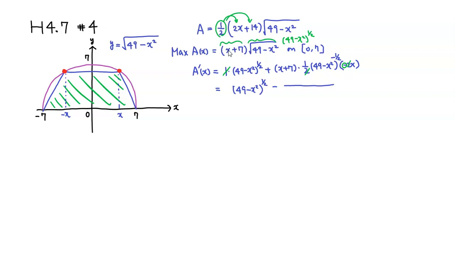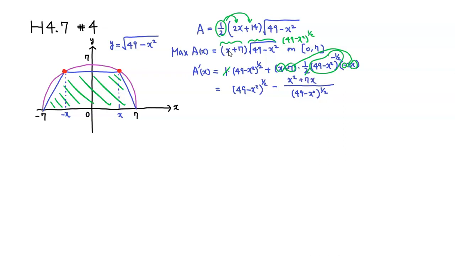We have a square root of 49 minus x squared, so that's going to sit on the bottom: 49 minus x squared to the 1/2 power. Put that on the bottom. Then we have to multiply x and x together, so we have x squared, and then we distribute the x to the 7, so it's going to have plus 7x.